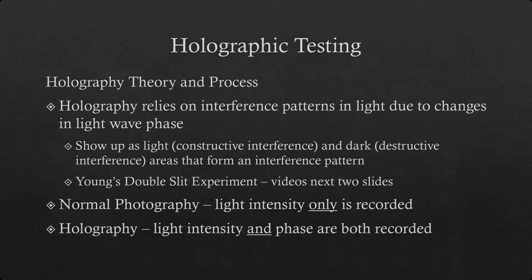So the theory in the process here relies on interference patterns that are created in light due to the light wave phase change. Going back to physics 101, light has particle-wave duality. Sometimes it acts like a particle, sometimes it acts like a wave.